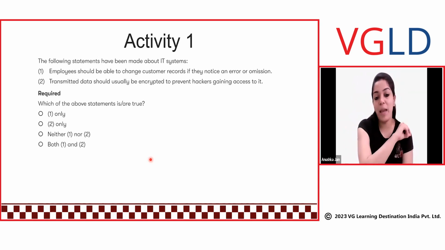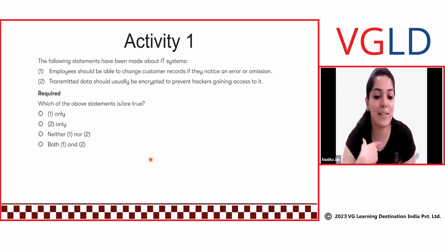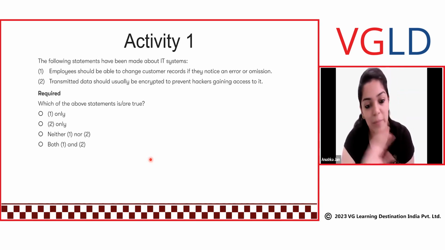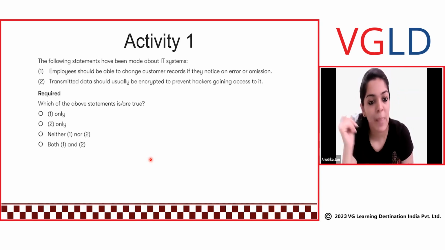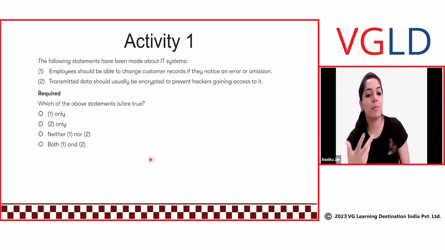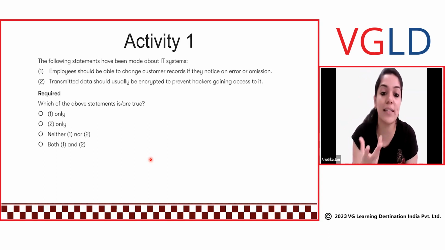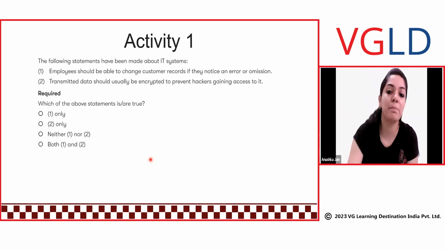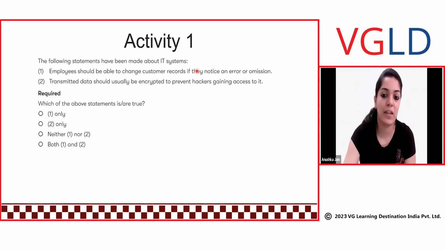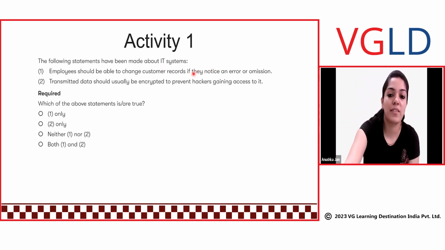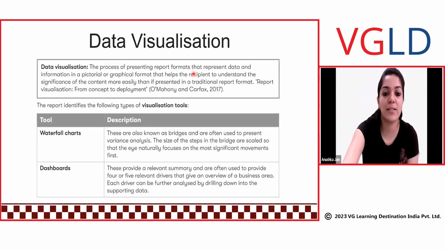The company makes payment to a supplier, but the bank details which I've entered are my details. So the payment comes to my bank account. So all of these types of data manipulations can happen. You can have frauds if you allow things like this to happen. So it's very important you protect your information properly. That is activity 1. Let's move ahead.